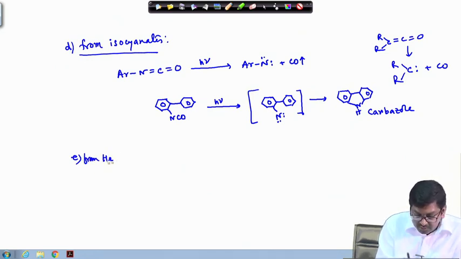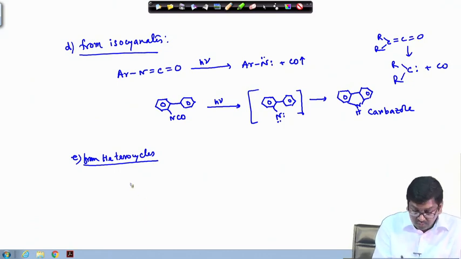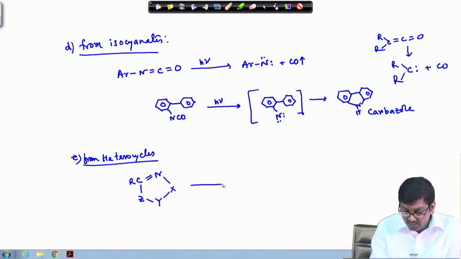For example, if we take these heterocycles, from heterocycles, take this heterocycle under thermal or photochemical irradiation.